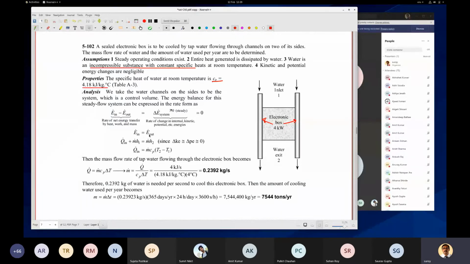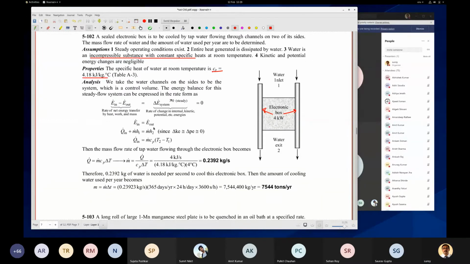Then again, this energy balance has to be done. So here we know that this is the heat generated, and this is the water.